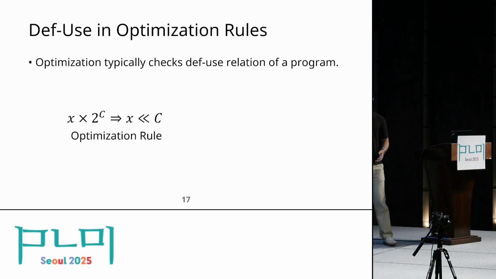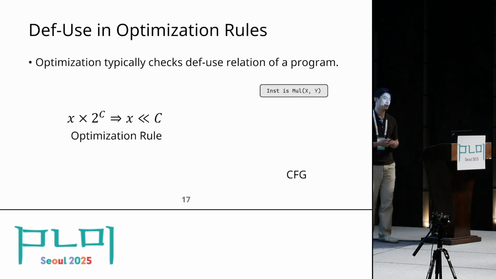So for example, say we have this optimization rule. This optimization transforms a source program that multiplies by 2^c into a shift left by constant c. If this optimization rule is implemented in an optimizer, the first check is going to identify the multiplication operator.